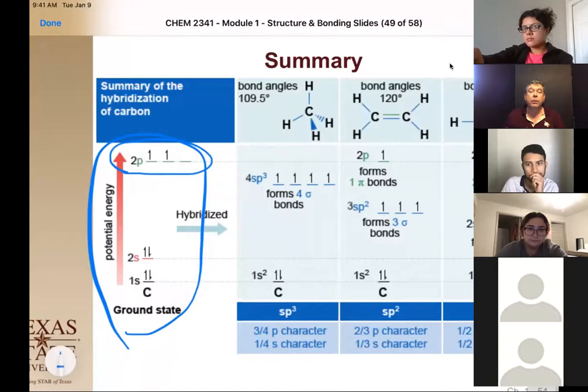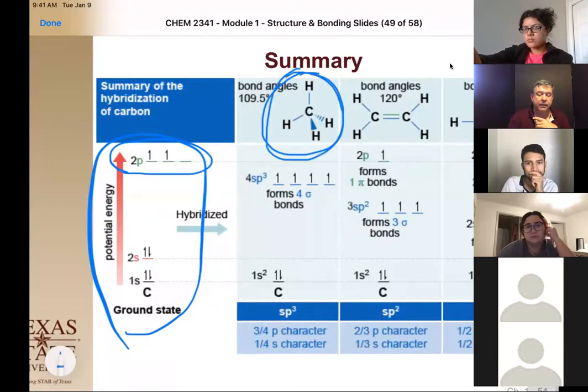Four equivalent orbitals are making four equivalent sigma bonds. And we see that in something very simple like this, methane. Okay, so in this regime, about 3/4 of those bonds are from the p's, and 1/4 of those bonds is from the s. Okay. And we have this 109 degrees that we expect for a tetrahedral structure.